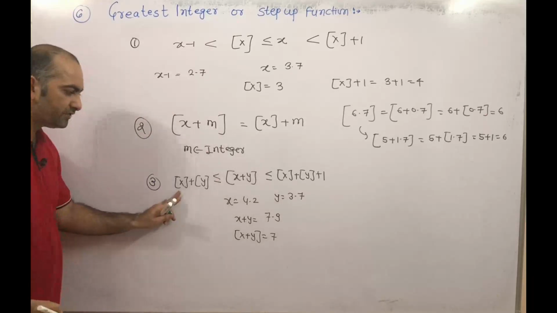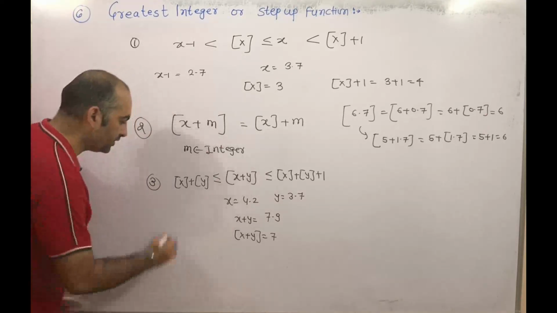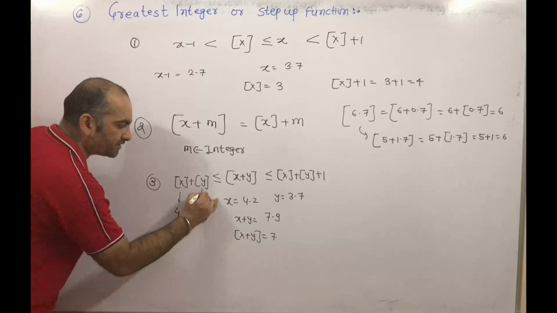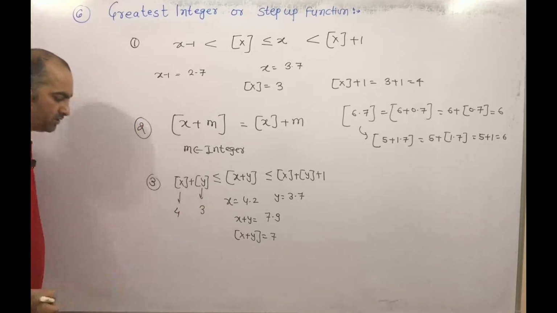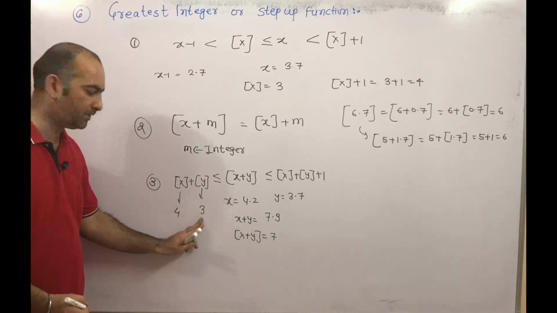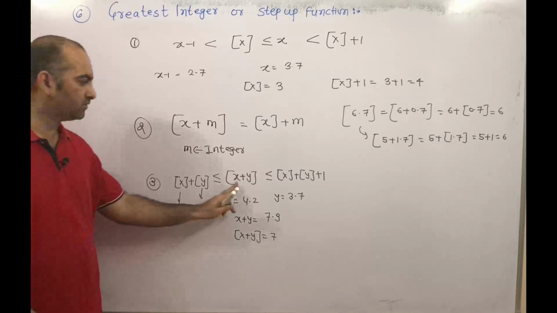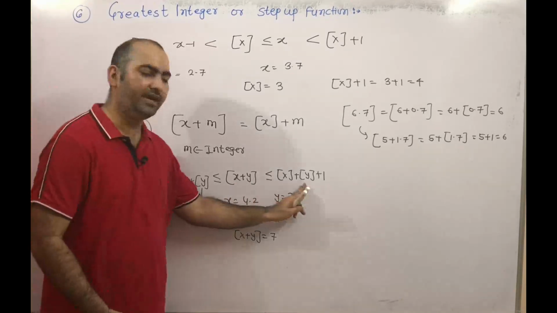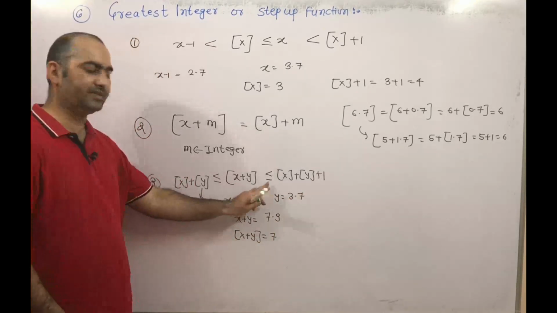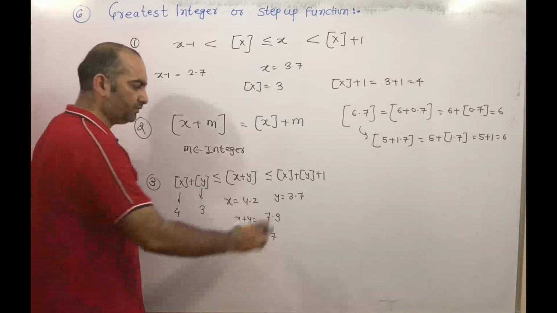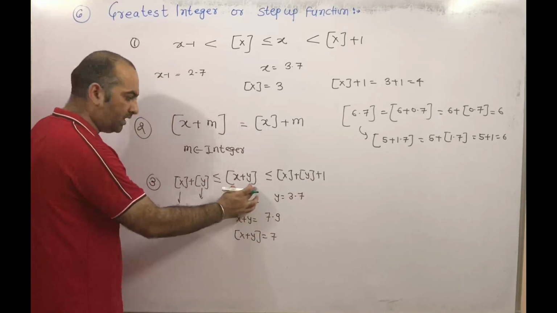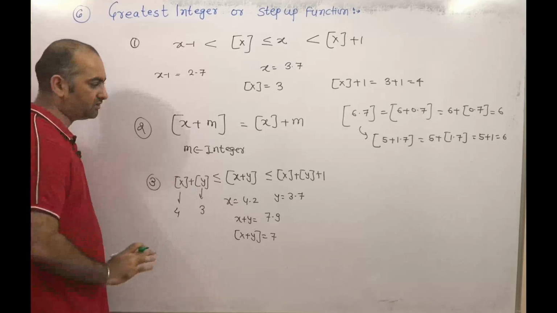And what is the greatest integer of x? That is 4. And the greatest integer of y? This is 3. So 4 plus 3 is 7 only. So this is 7 and this is also 7. And this is what? 8 will come. So this is less than this one. Correct? So this is greater than this one, and this is equal. So this property is there.